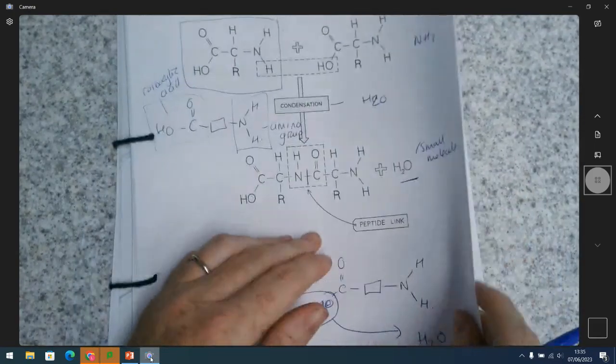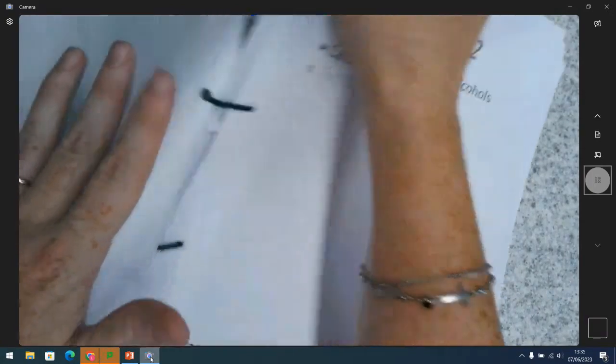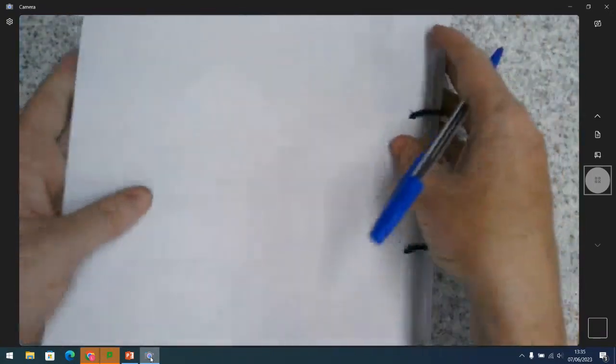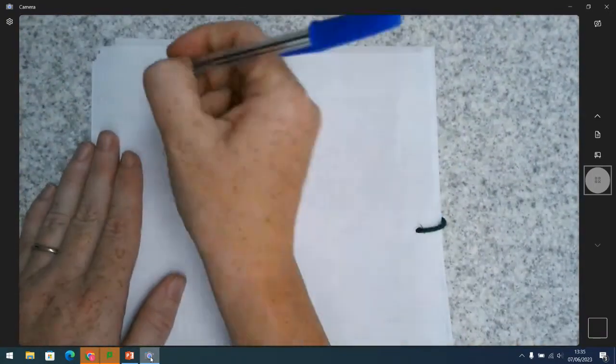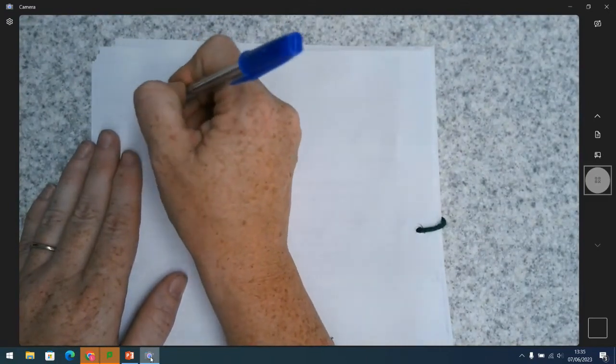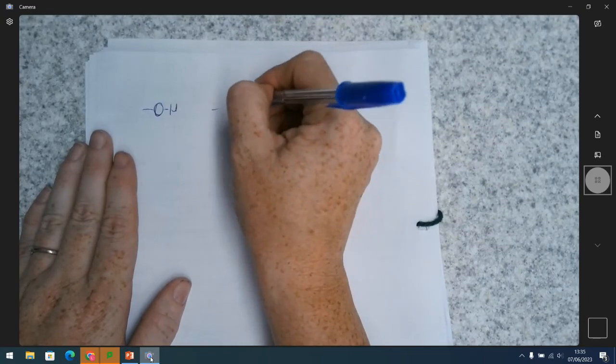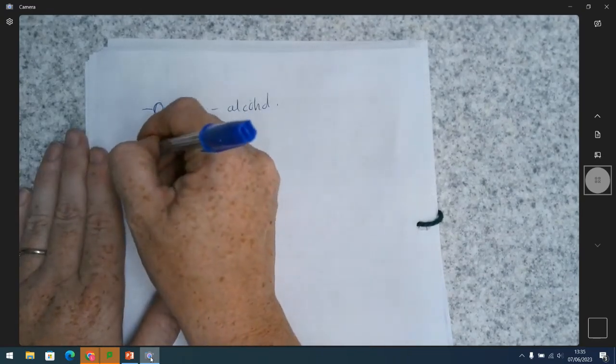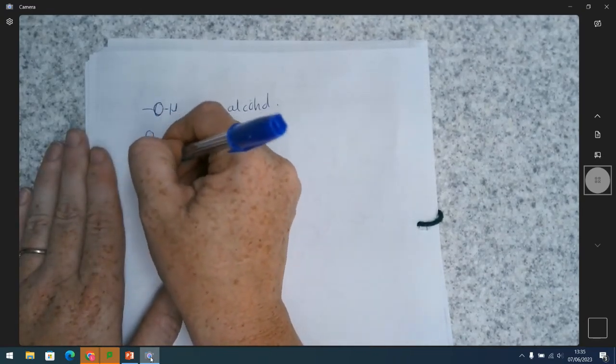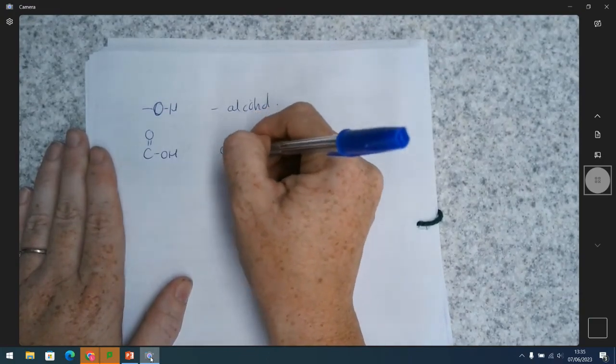So I just want to kind of finish, I suppose, by just doing like a summary of all of the functional groups, just so you remember them all. So we've got our alcohol, which is an OH group. You've got your carboxylic acids, which looks like that.